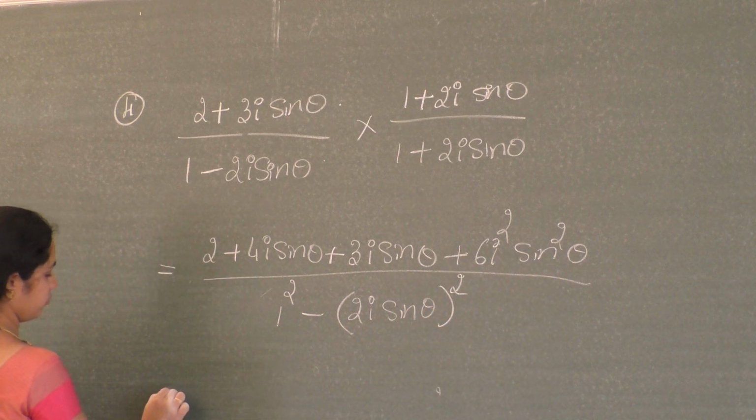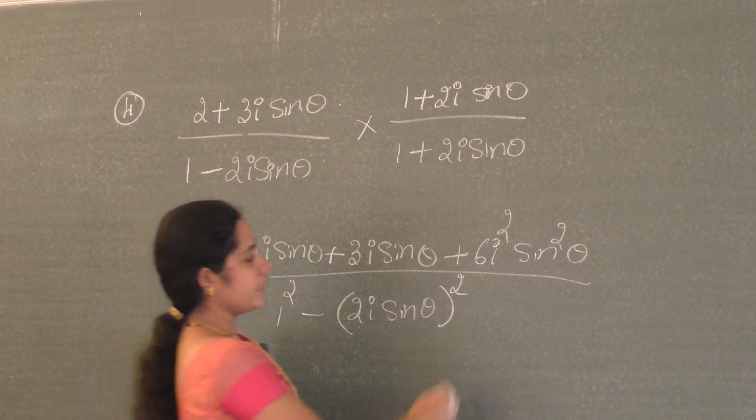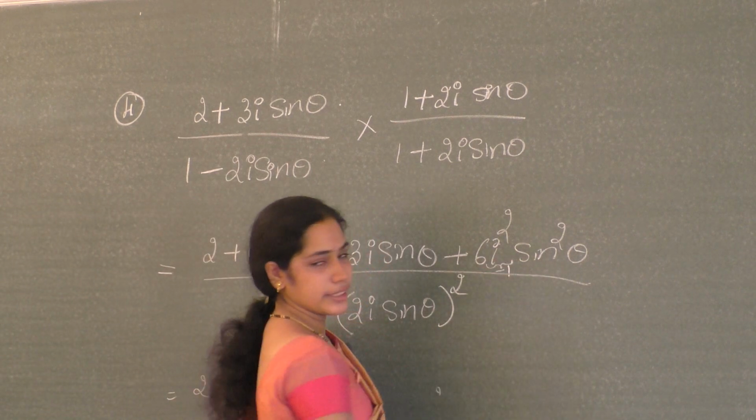Now what is i square? i square is minus 1.